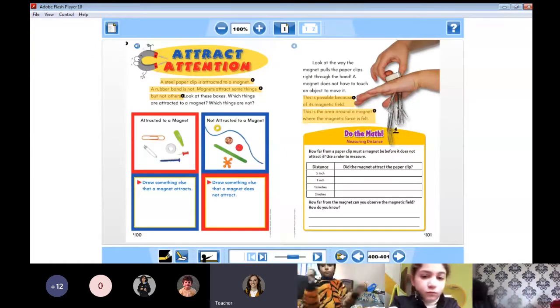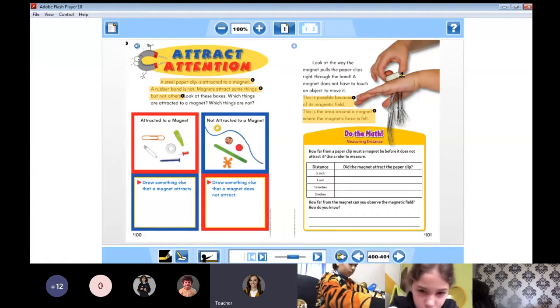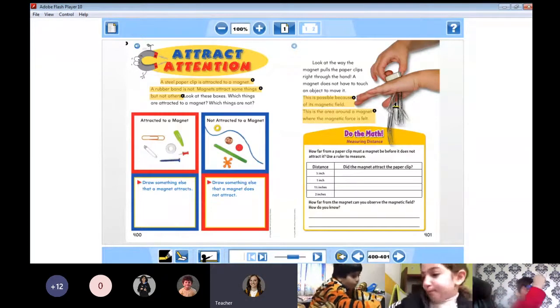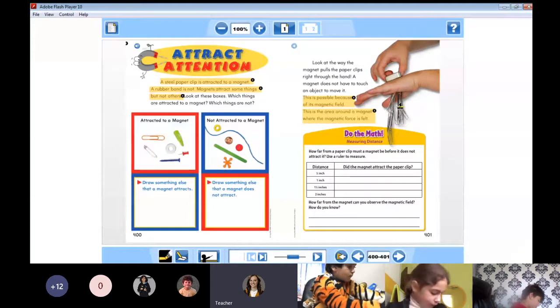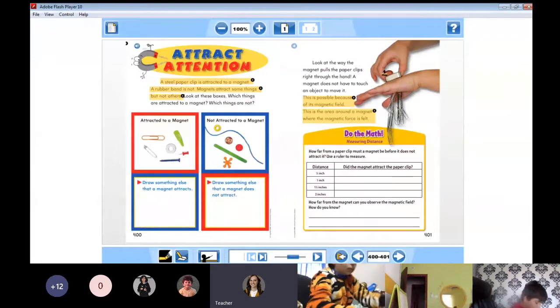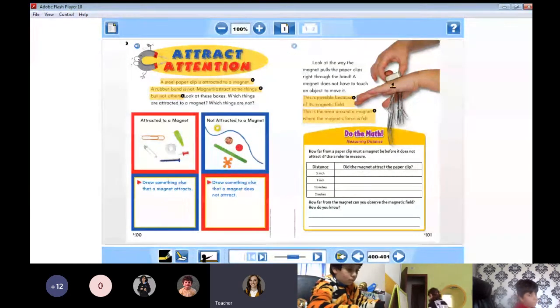So at home, you can try to use a magnet and put a paper clip above the paper and try to move the paper clip using the magnet. It depends on how strong the magnet is. So if it's not a strong magnet, it's not going to attract through your hand.